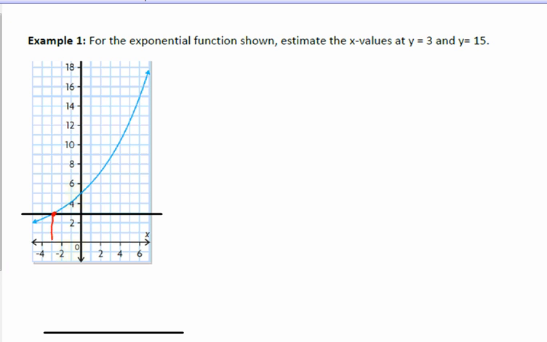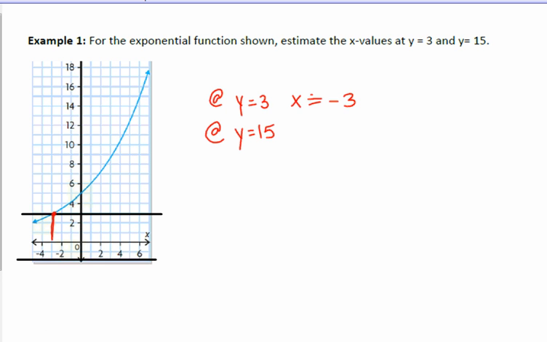So at y equals 3, x approximately equals -3. That's what that dot means. Okay, at y equals 15. So y equals 15 would be there. What approximately does my x equal? 6. Okay.